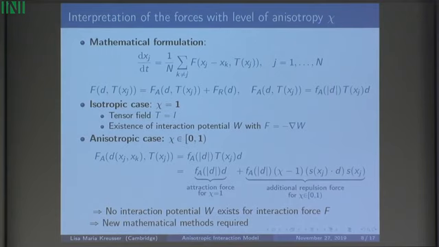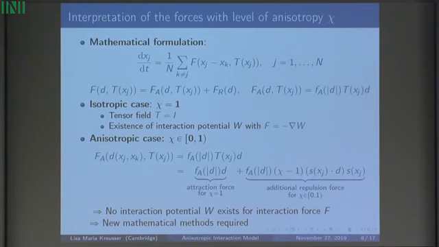And in particular, we see that the attractive force can be written as the attractive force in the isotropic setting plus some additional repulsive force term. And this is actually crucial, because this means that we have an additional repulsive force along the vector S. So if S would be the vector (0, 1), we expect some repulsive force along the vertical axis. And in particular, this means that we expect some stretching along the vertical axis.